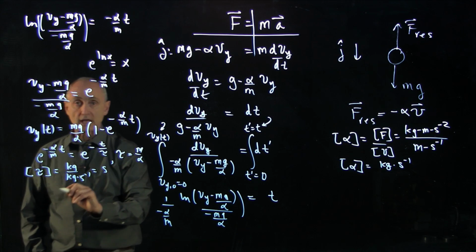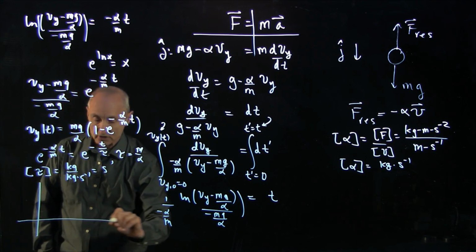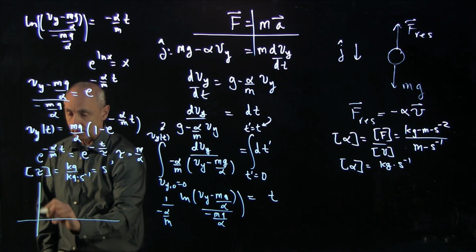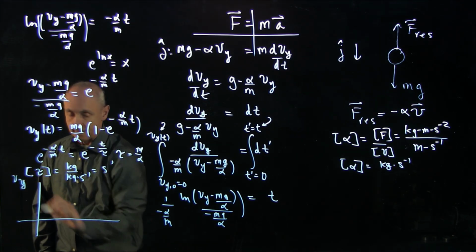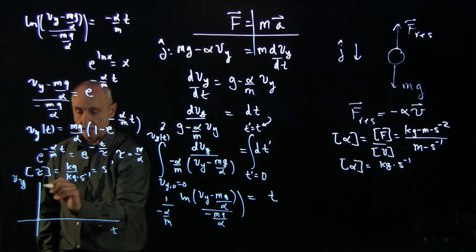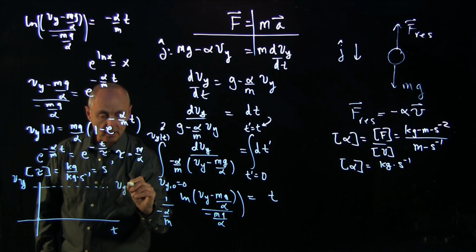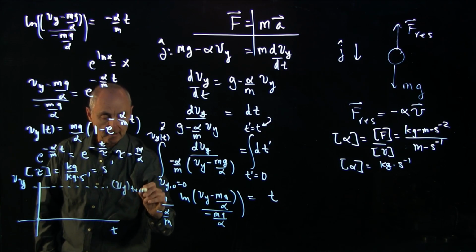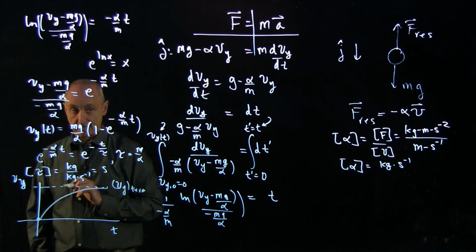Now, the last thing we'd like to look at is let's just see what happens when we plot this. Well, if we're plotting vy as a function of t, we start off at 0, and we're going to reach some terminal quantity, vy terminal, which is when we have a graph like that.